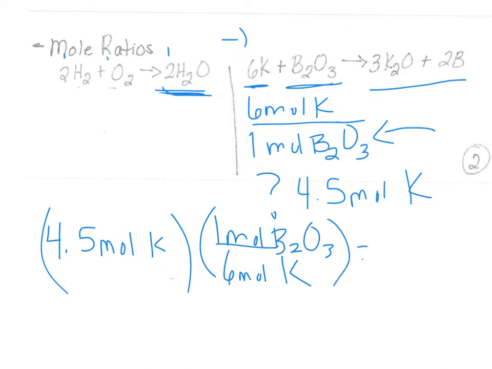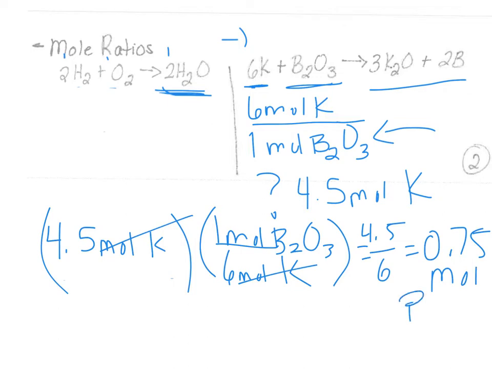Okay, so my moles of potassium will cross out, and I get 4.5 divided by 6, which gives me 0.75, and that's going to be moles of B2O3.